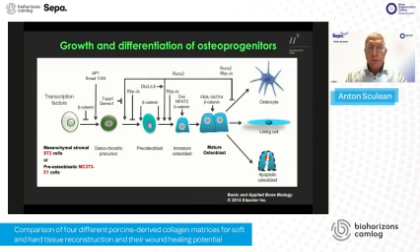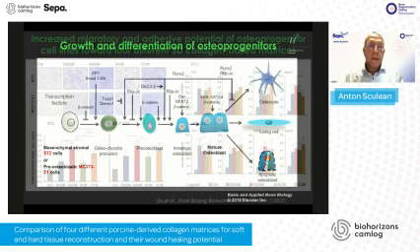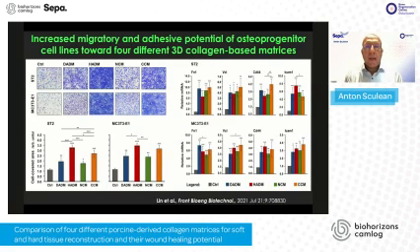And we wanted to see whether the membranes or the matrices may influence this. So again, we looked at the osteoblast migration over these membranes, and what you can see on this screen is again the HADM.